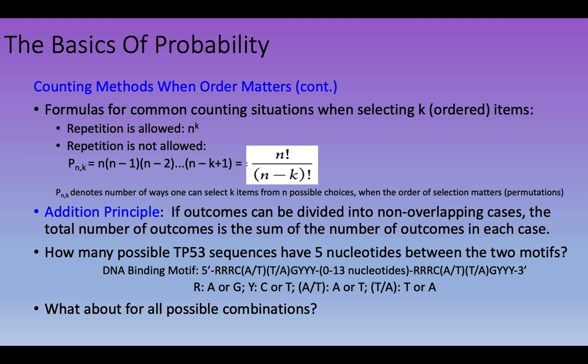But if we don't allow repetition, as in the previous case, we're going to end up with a case where the count is denoted P(n,k), and that's going to be n times n minus 1 times n minus 2, etc., all the way to n minus k plus 1, right? And we can actually summarize that as basically n factorial divided by n minus k factorial. Right, so this is where we don't allow things to repeat. This is that second case of those codons.